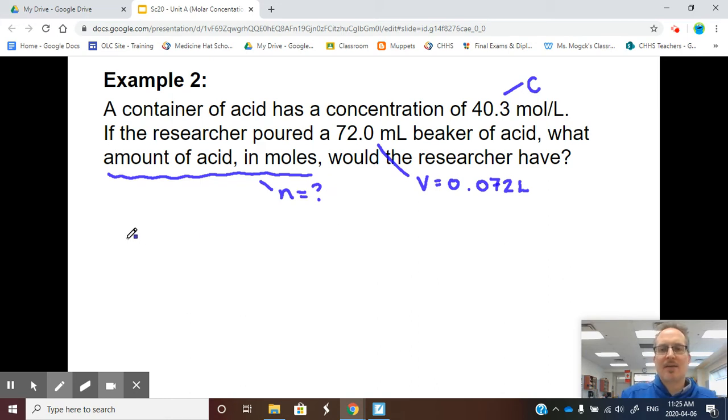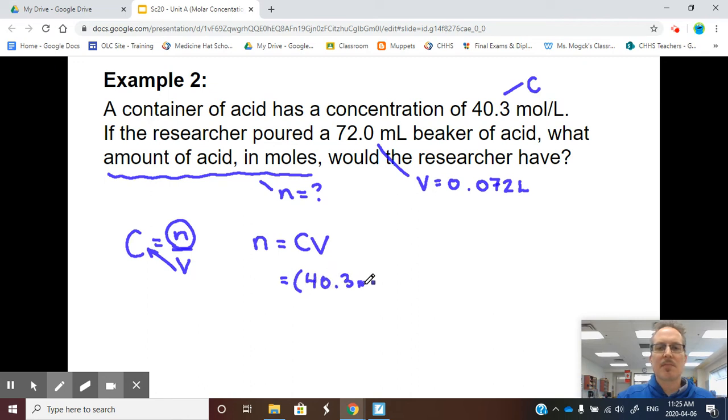So I have C, V, and n. So my formula is C equals n over V. I am trying to find n, so I'm going to move V up to the other side. My formula is going to be n equals concentration times volume. I'm going to substitute in. My concentration is 40.3 moles per liter.